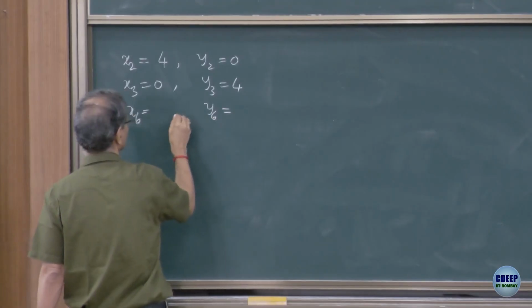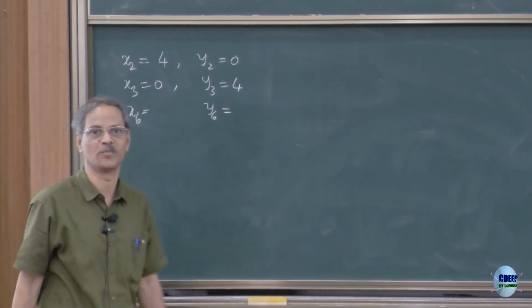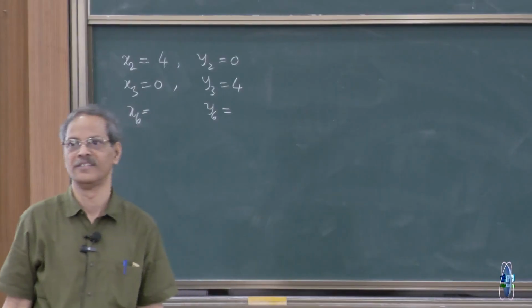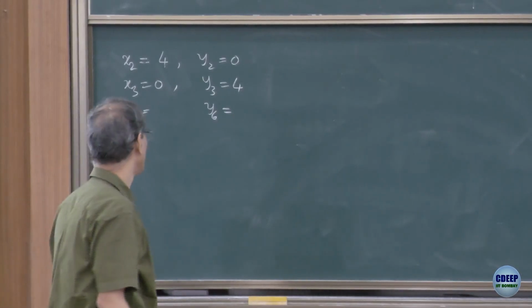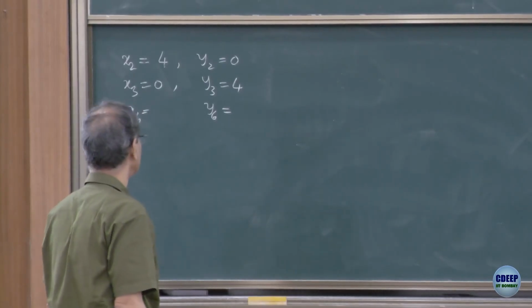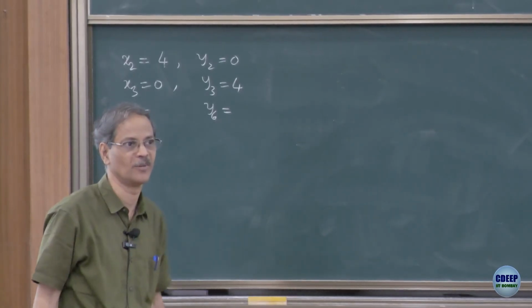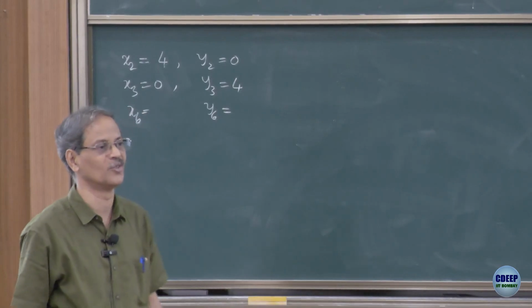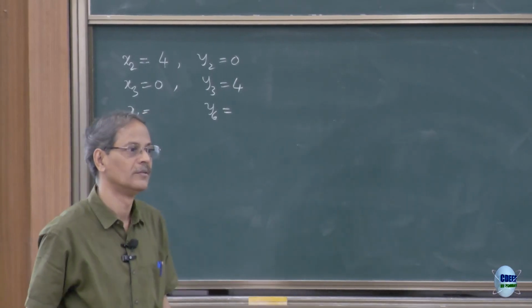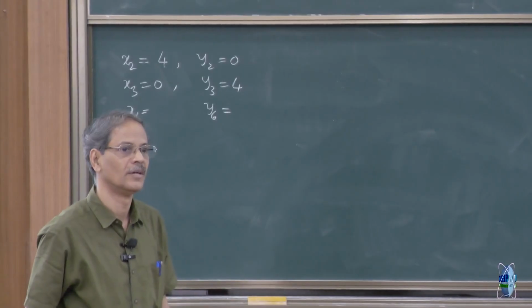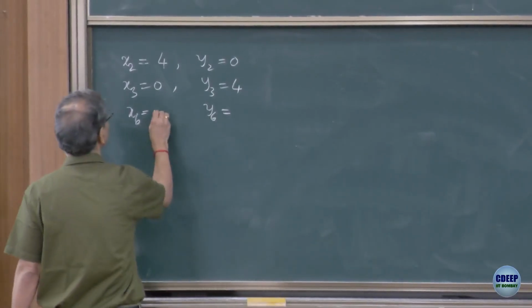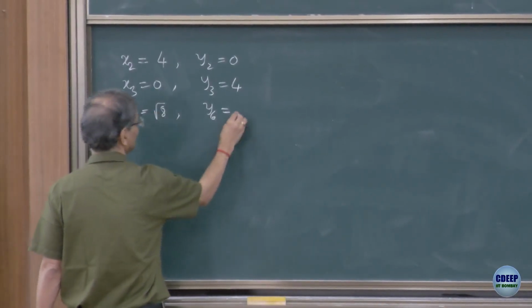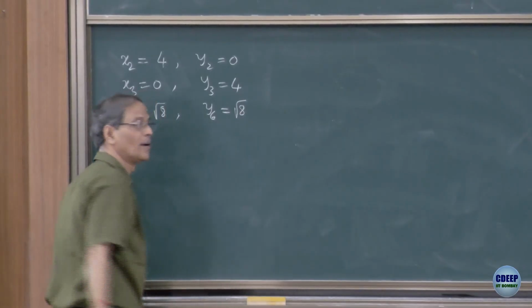You know the equation, x squared plus y squared is 16, right? Give me some nice numbers, if possible. Square root of 8, square root of 8. Okay, he is saying let's take root 8. Is that okay?